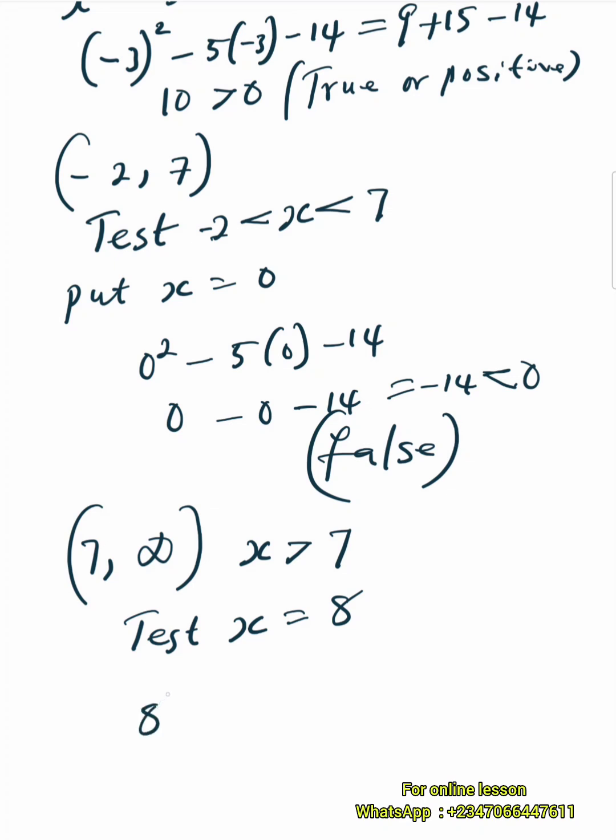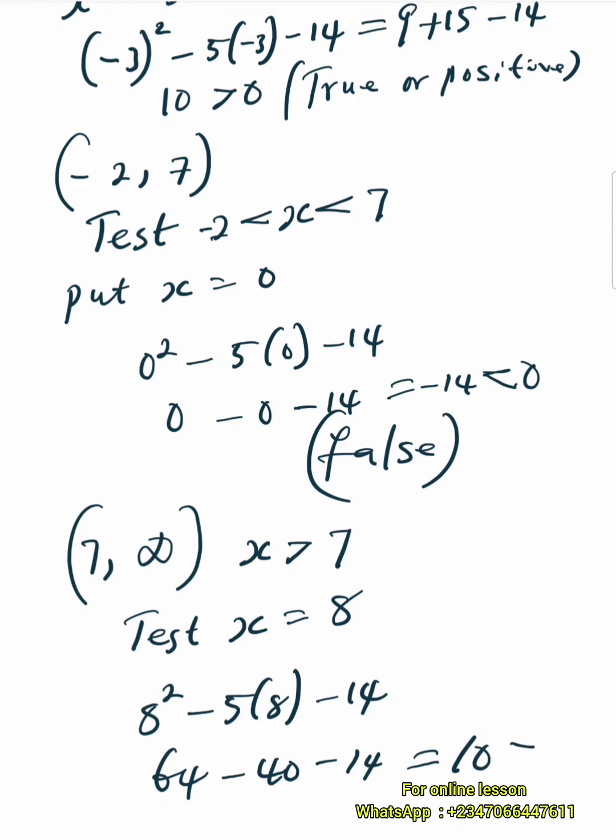We have 8 squared, then minus 5 into 8 minus 14. What do you think this will give us? 8 squared is 64 minus 40 minus 14. I think we will still have 10. This will give you 64 minus 54, that's 10. And remember, 10 is greater than 0.